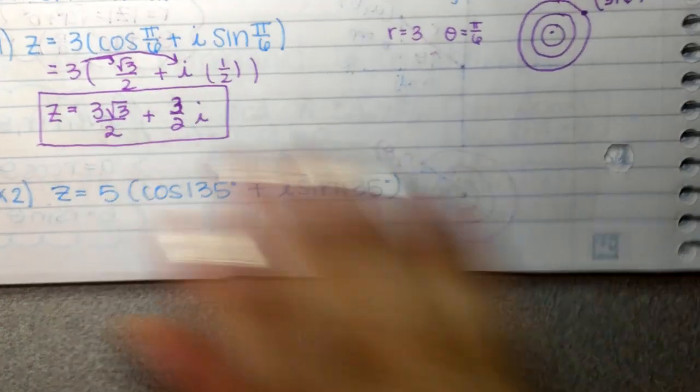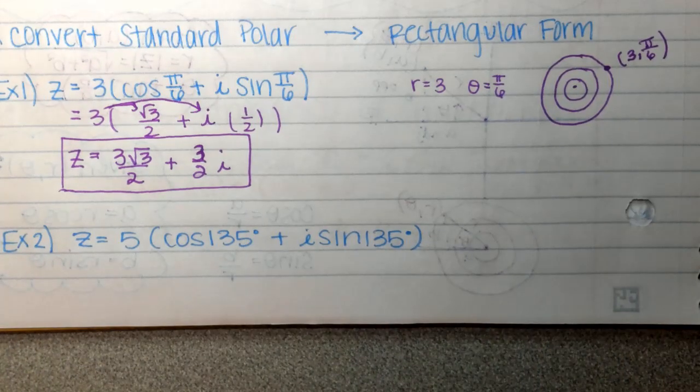Sorry, let me fix that. There you go. Z equals 5 cosine 135 degrees plus I sine of 135. Get me an answer, please.